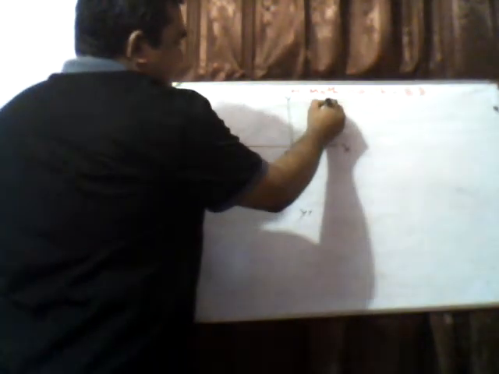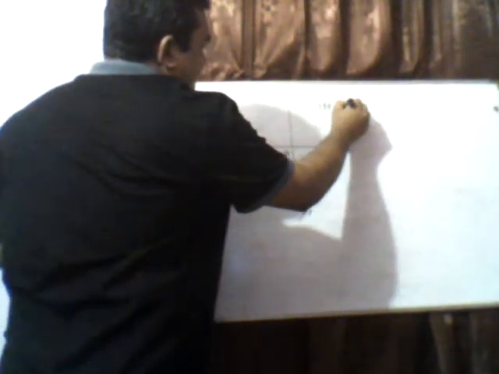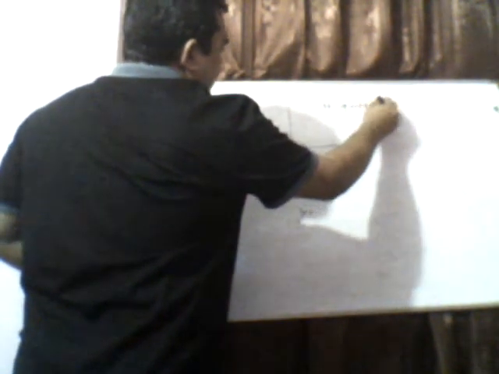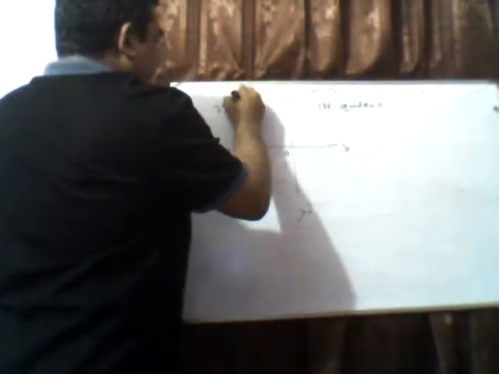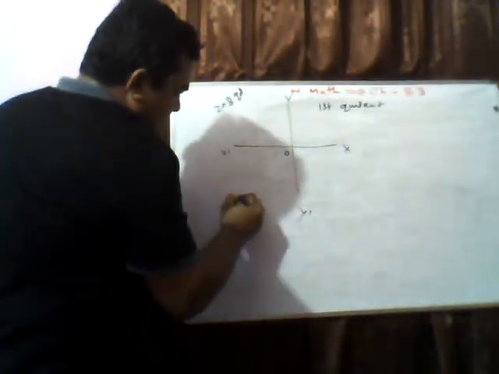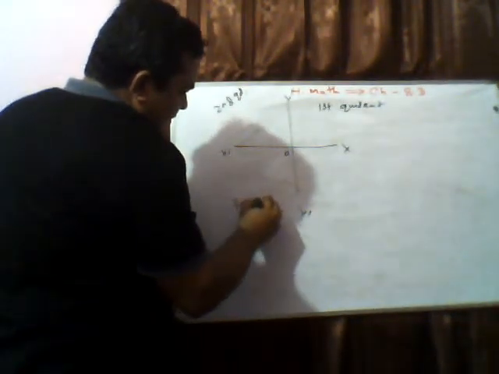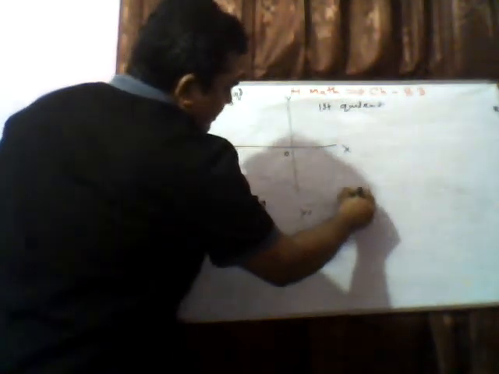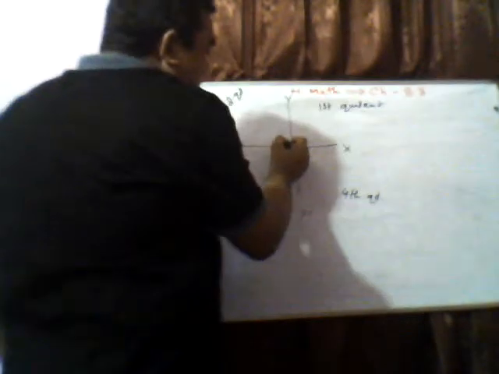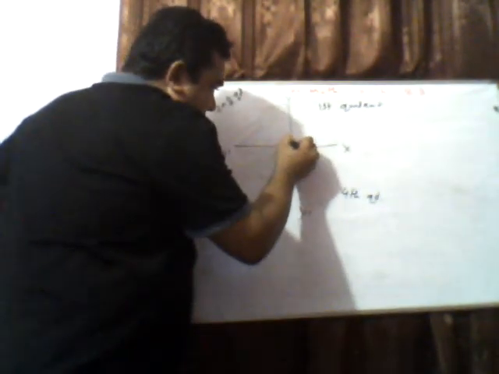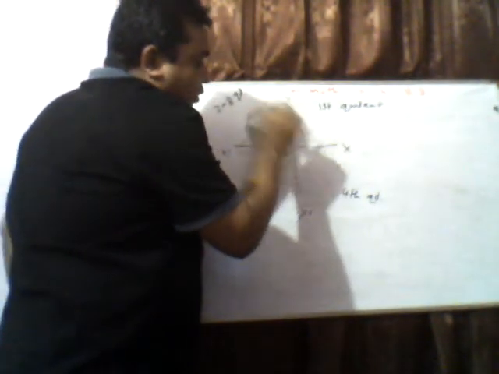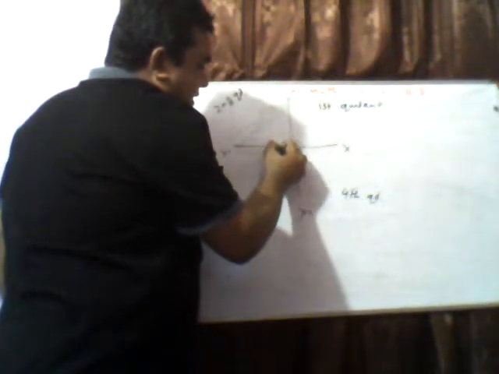This is the first quadrant, this is the second quadrant, this is the third quadrant, and this is the fourth quadrant. If we consider this a circle, it is extended.